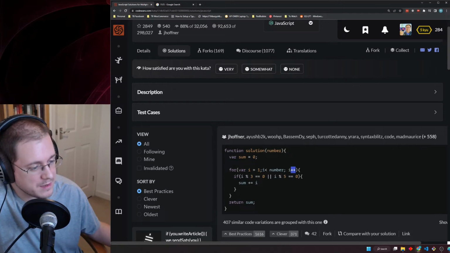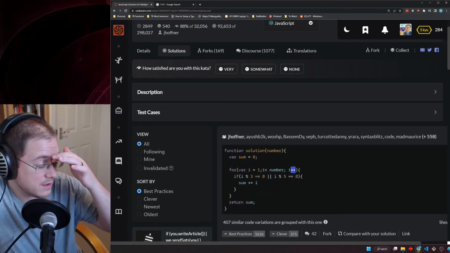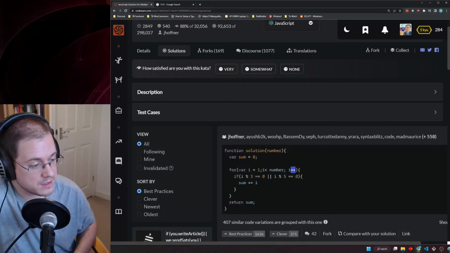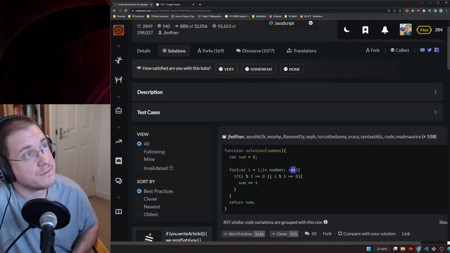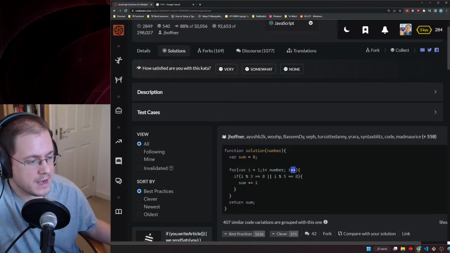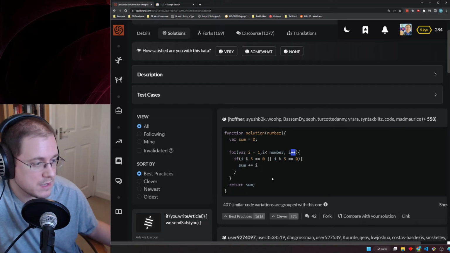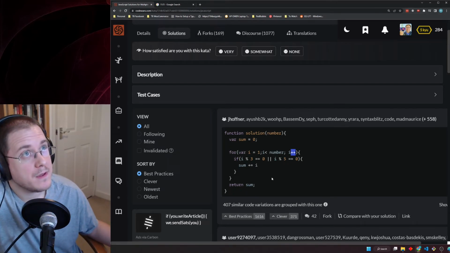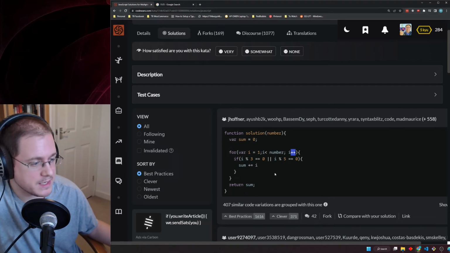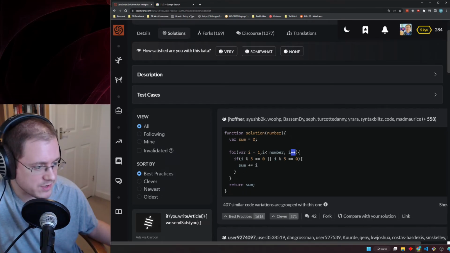Feels like there could be a more efficient way, even with a looping solution, so that you don't have to iterate every single number. There we go. But yeah, this is a way to do it, and probably the most logical or the most immediate solution that comes to mind. But yeah, it's less efficient.